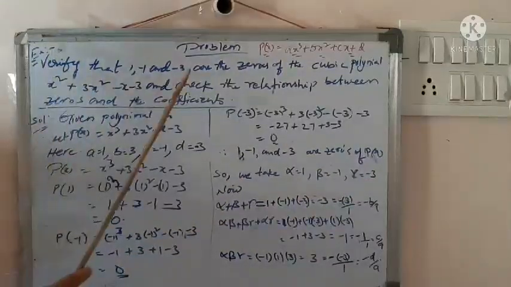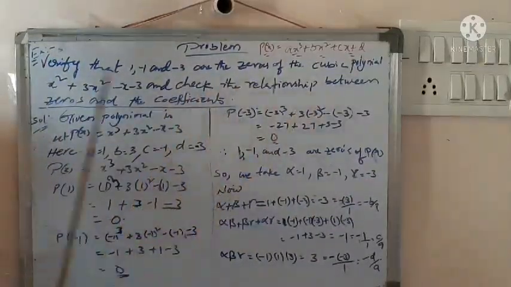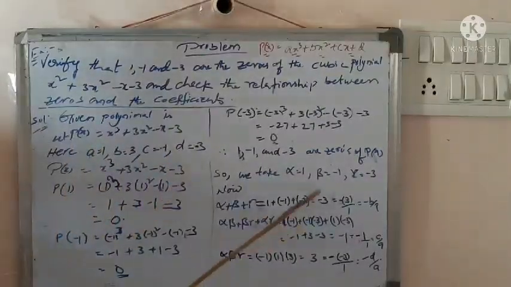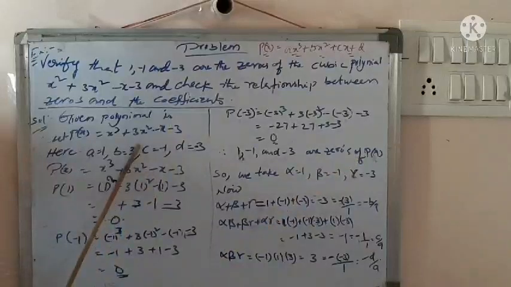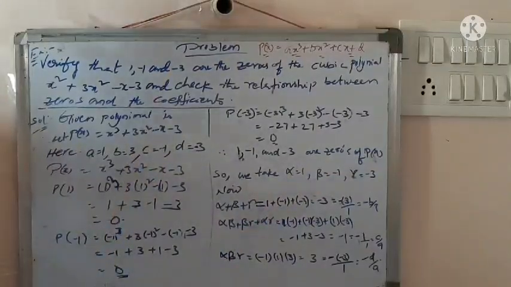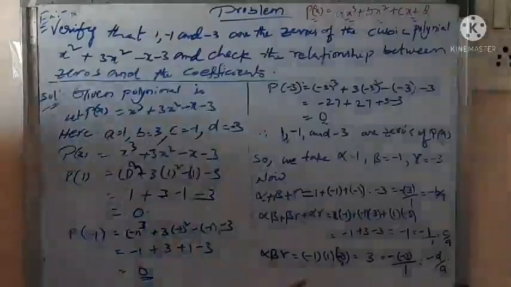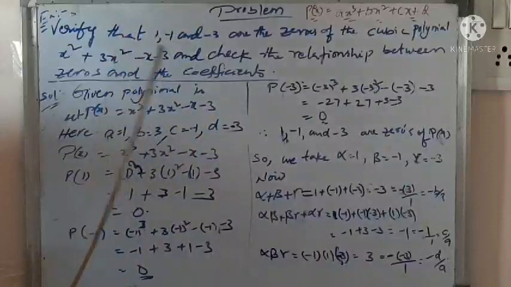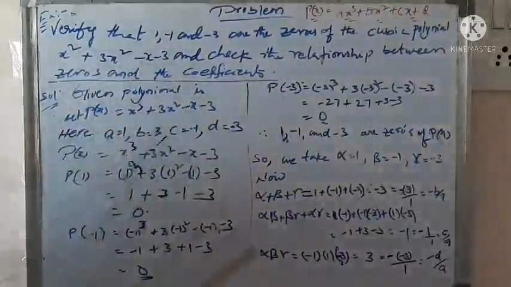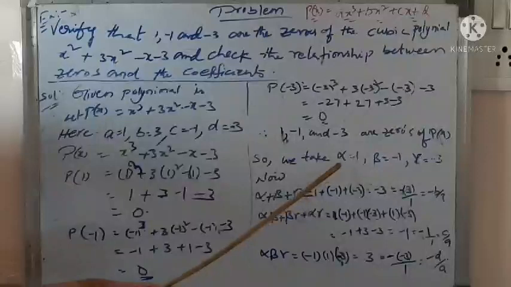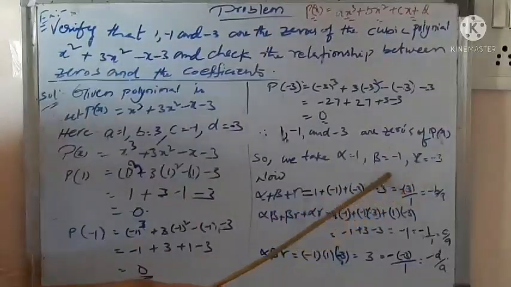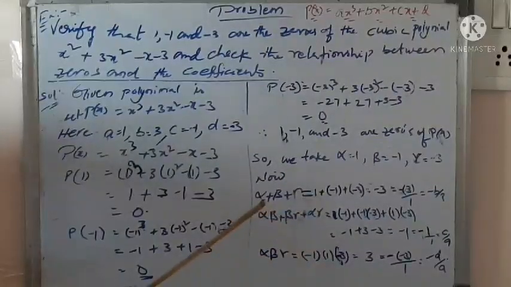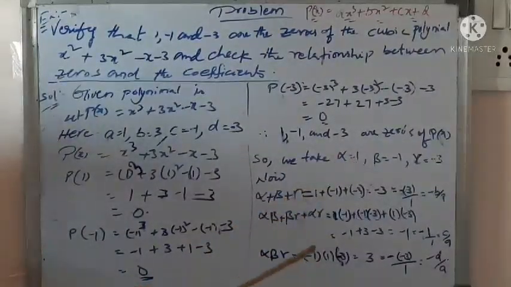Now what is given next? Check the relation between zeros and the coefficients. So these are called coefficients, these are called zeros. So what is the relation between this one and this one? You know the relation between zeros and coefficients of any cubic polynomial. So see this here, add these three zeros: alpha plus beta plus gamma equals, what is the value of alpha? 1.